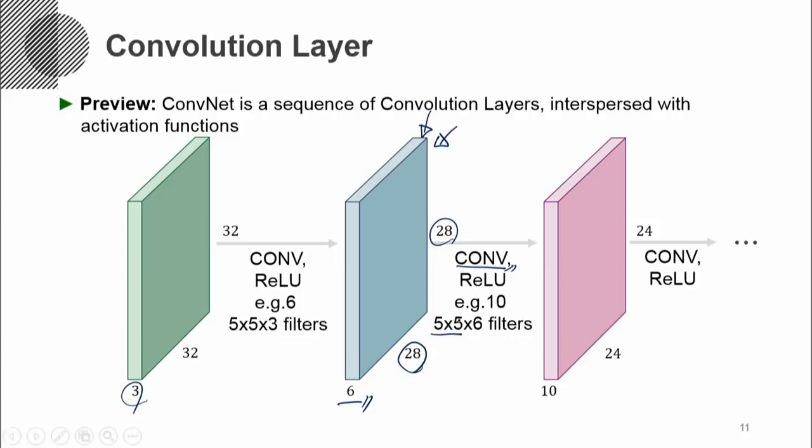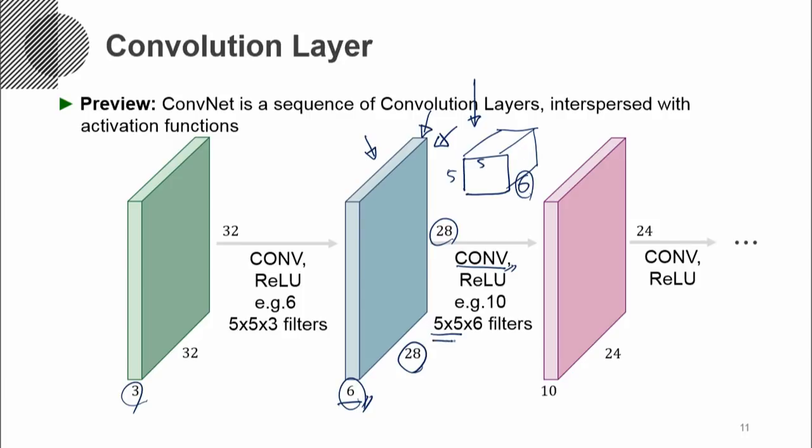Suppose the filter size was also 5 by 5. We studied that the depth of the filter should always extend the full depth of our input image, and thus our filter should also have the depth of 6, which is the same as this number. That's how we define each of our convolution filters in this convolution layer.